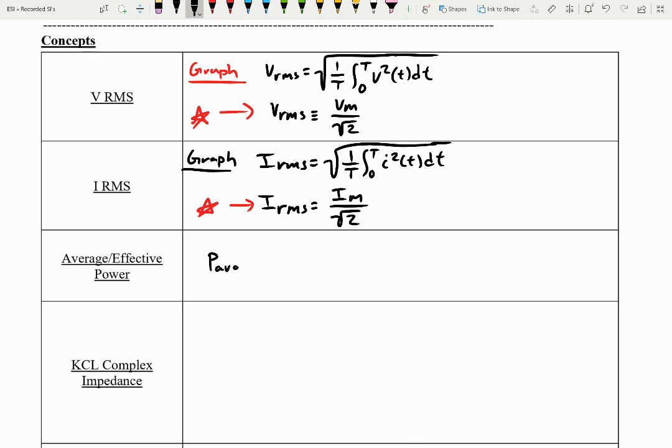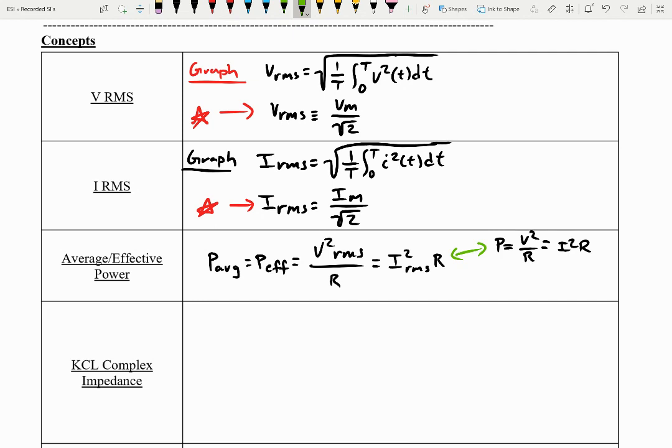So if you see P average, P effective, it's going to be V squared RMS over R, or I squared RMS times R. Okay, and these look very similar to what we've worked with in the past, where power is equal to V squared over R, which is just equal to I squared R. So same form, just using the RMS values now for the impedance values.